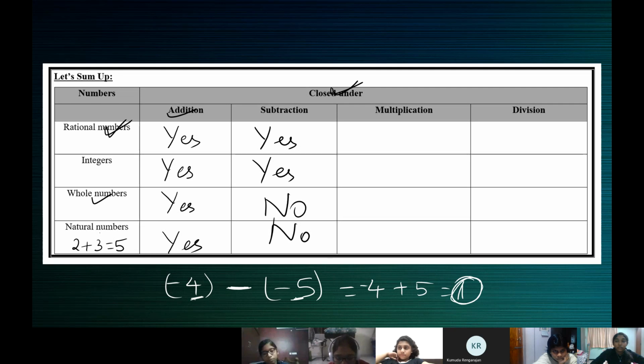Why do we say rational numbers are closed under multiplication, ma'am? What do you understand by that?